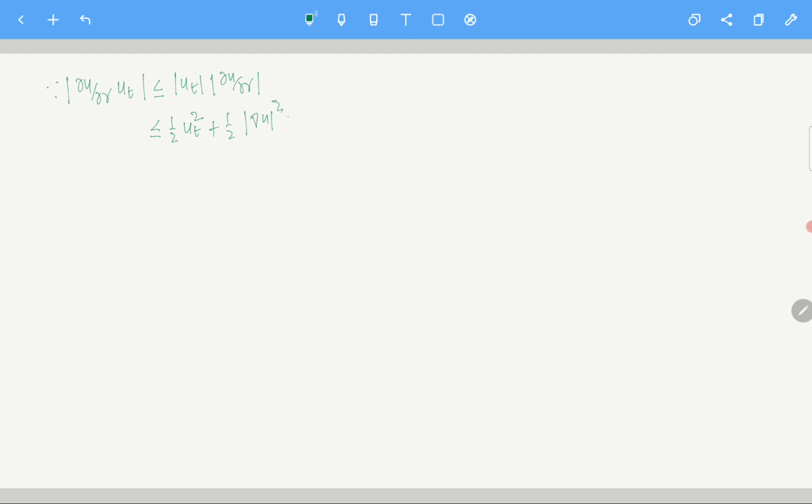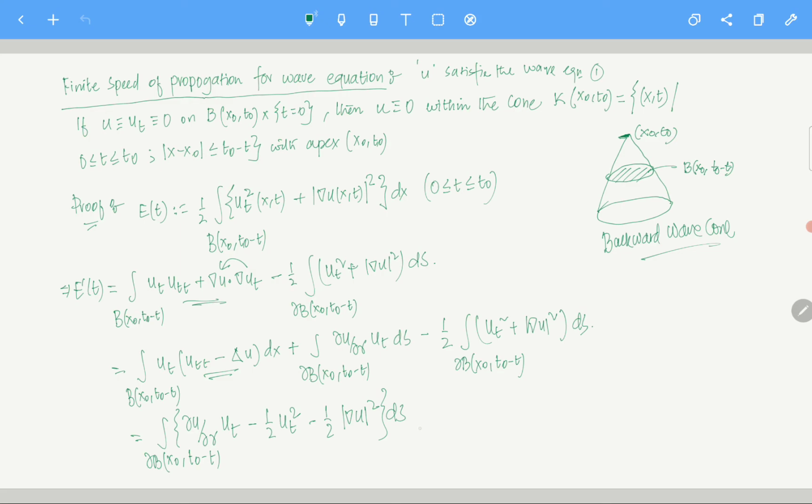Now if you put this in, let's call this 2, into the term E prime of t, what do you get?